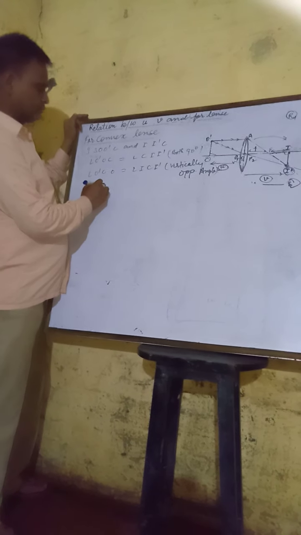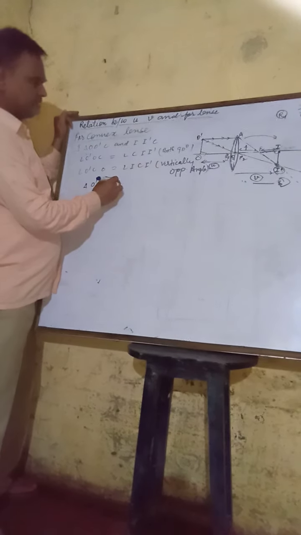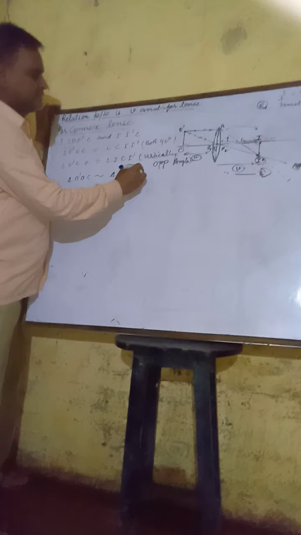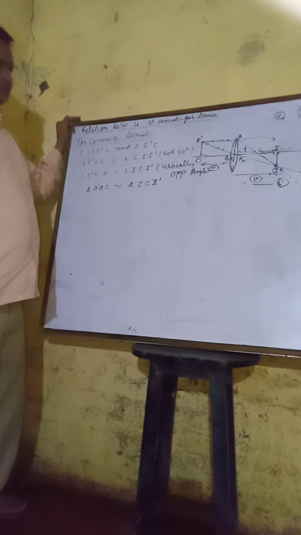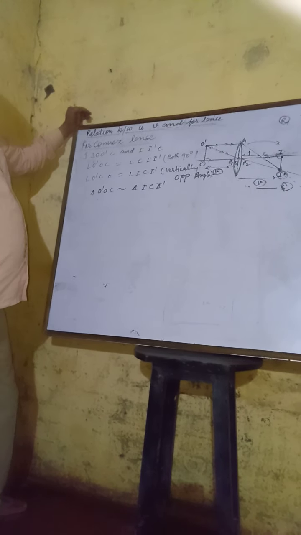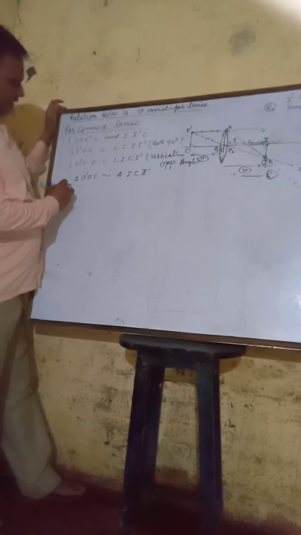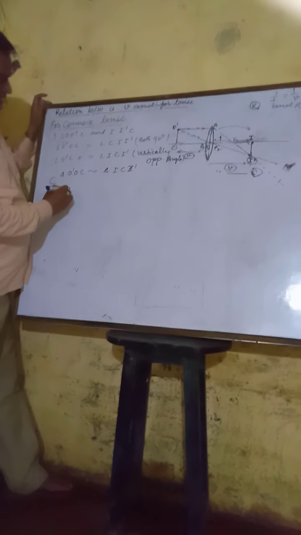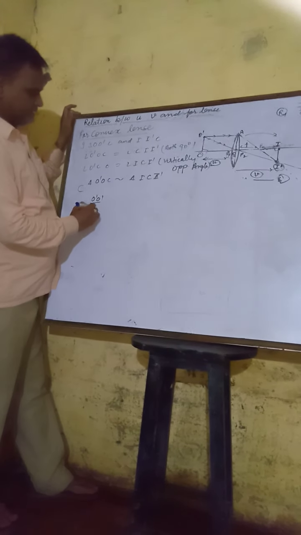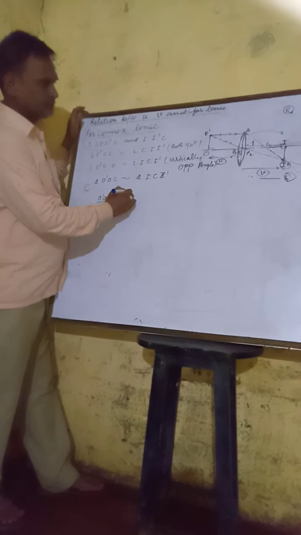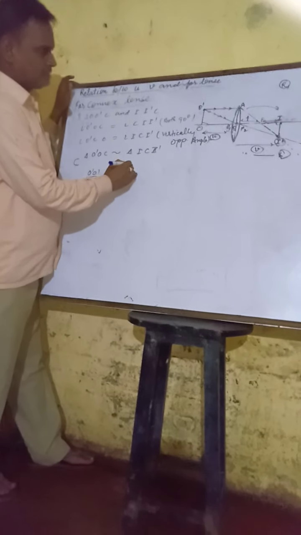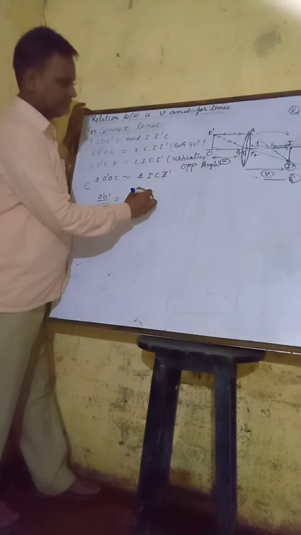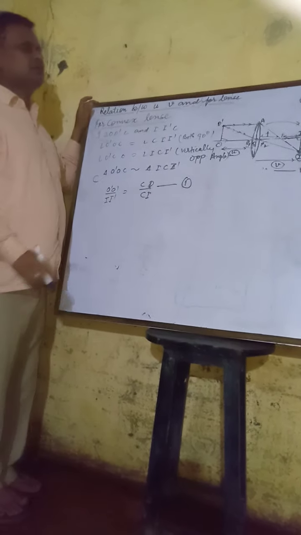So, triangle O dash OC is similar to triangle ICI dash. From the similarity rule, we can write the relation O dash O upon II dash is equal to CO upon CI. This is equation number 1.